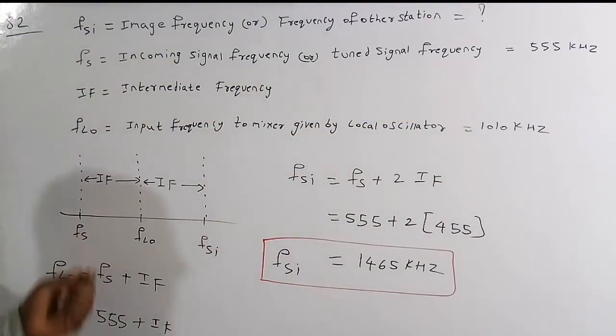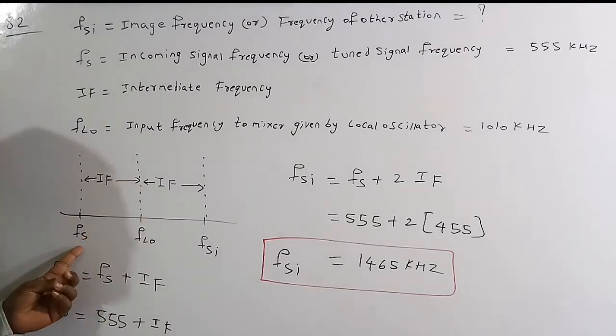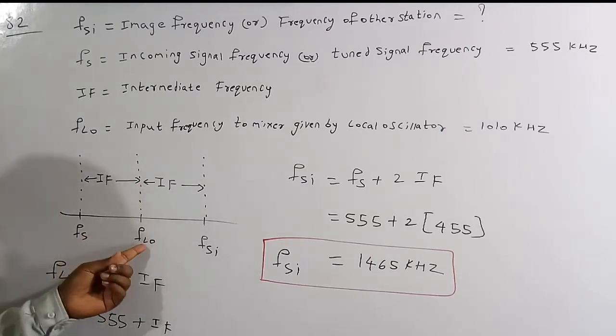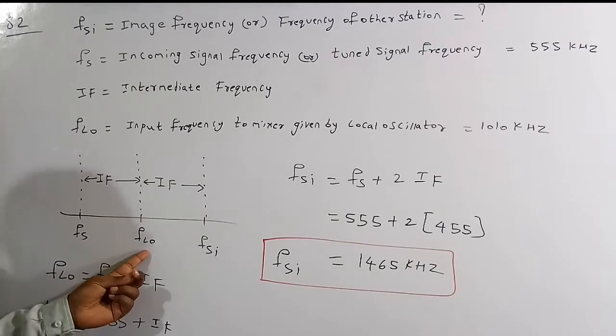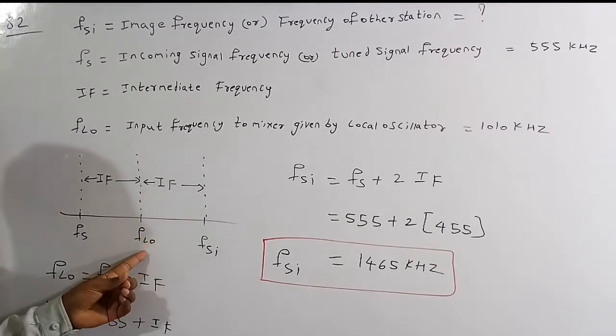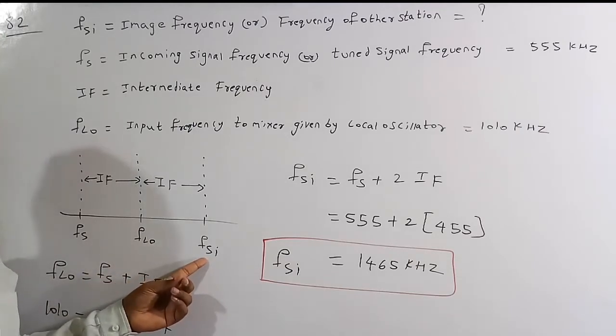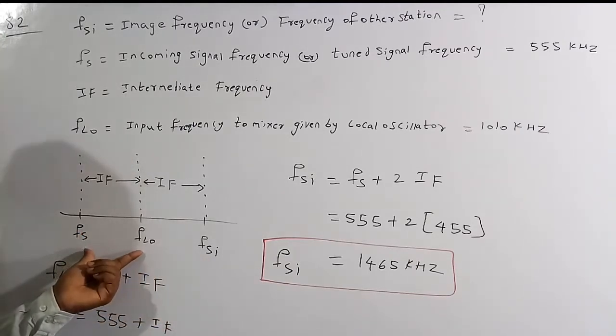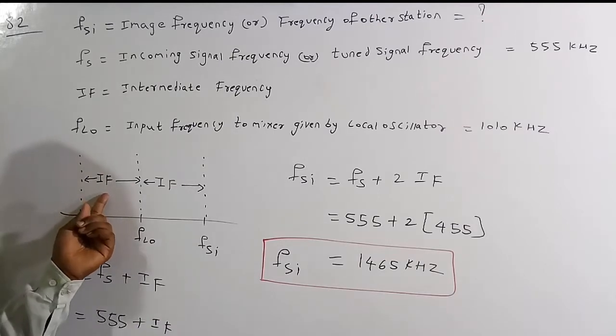I have already told you the basic relation between the incoming signal frequency or tuned signal frequency, the local oscillator frequency, also called the input frequency to the mixer, and FSI, the image signal frequency. The difference between these two signal frequencies is called the intermediate frequency.